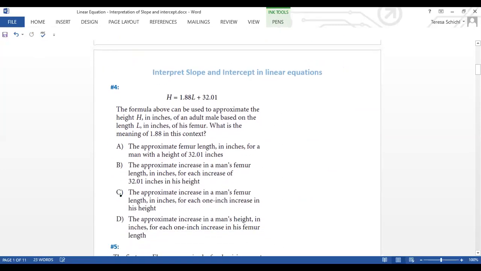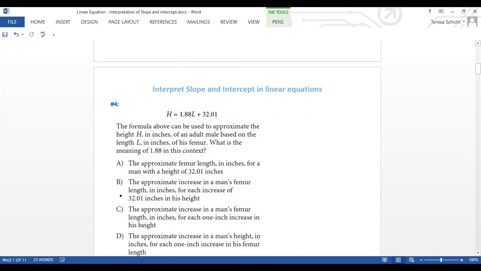Number 4: h equals 1.88L plus 32.01. The formula above can be used to approximate the height h in inches of an adult male based on the length of the femur. What is the meaning of the 1.88 in this context?